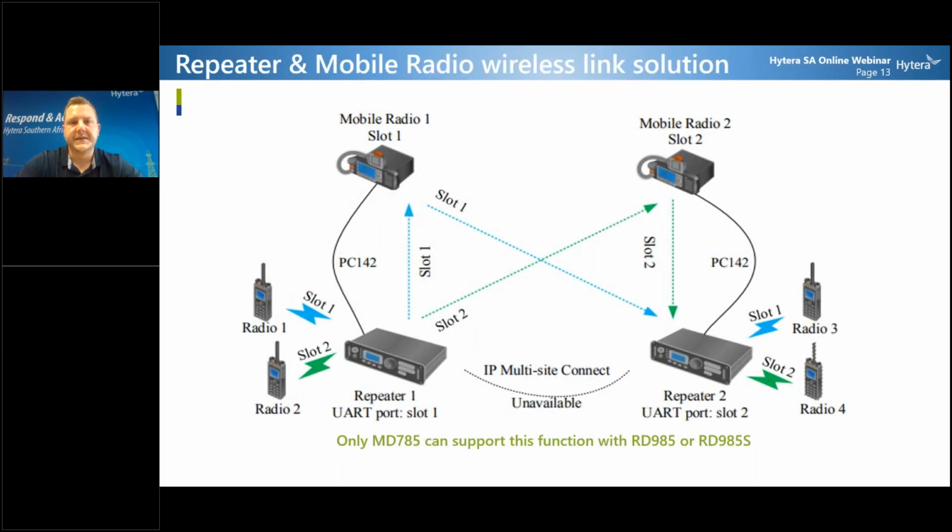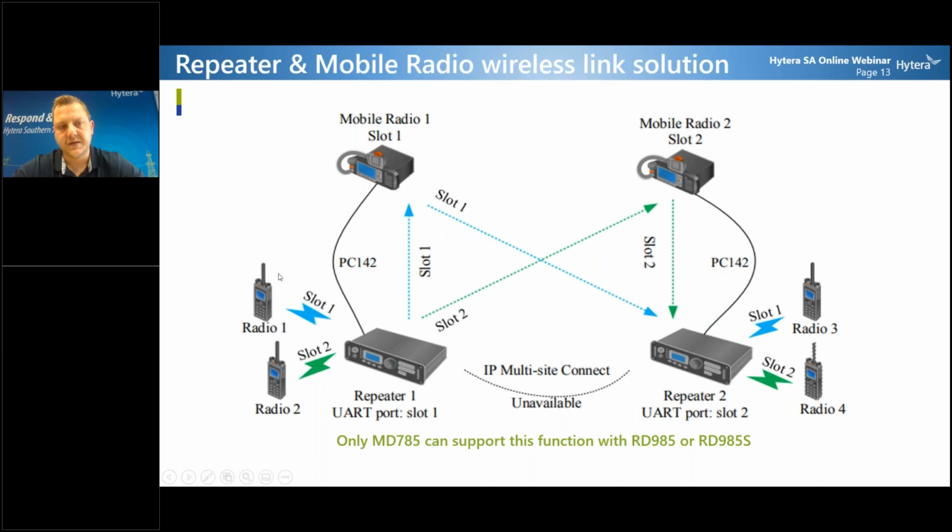Okay, here's another solution that I'm going to explain. Let's say you want to link two repeaters and there's no IP connection available between the two repeaters. You are able to create a link using two mobile radios. Note that these two mobile radios are not communicating to each other directly.